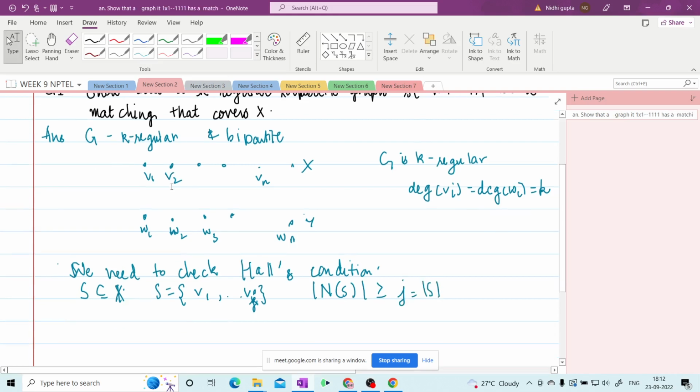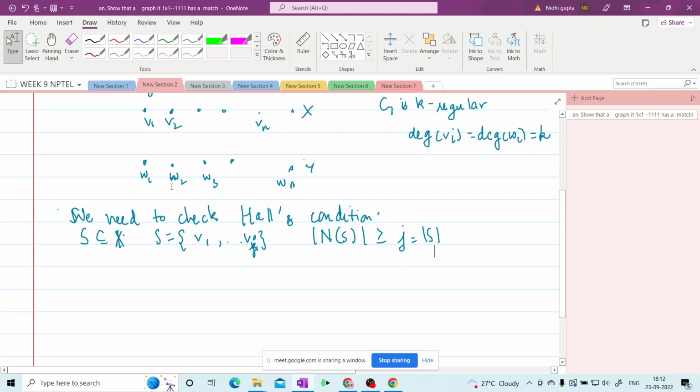So we need to show this, and the information that we have is that each vertex has degree K. So how can we use this information to show this? So basically we need to show this condition.